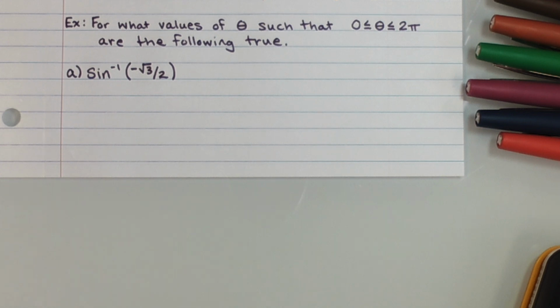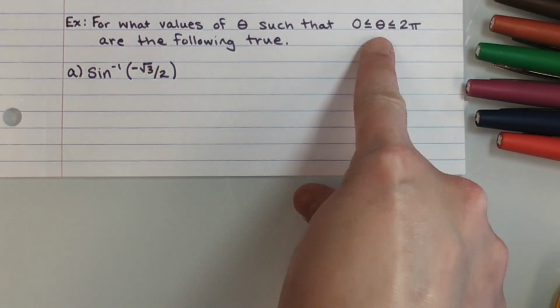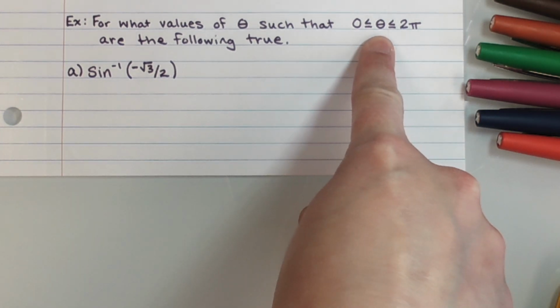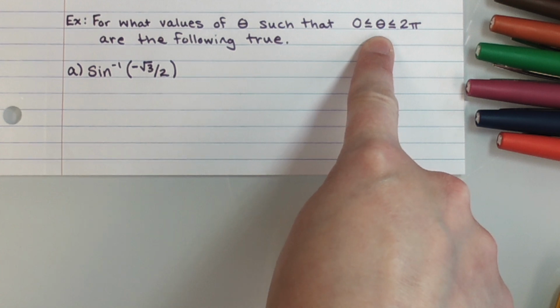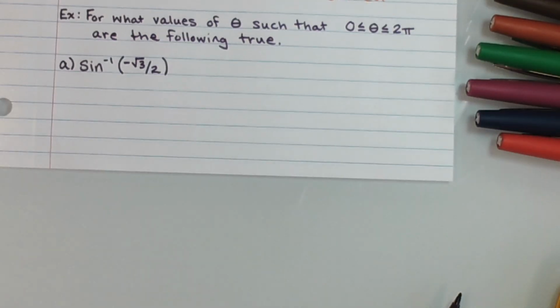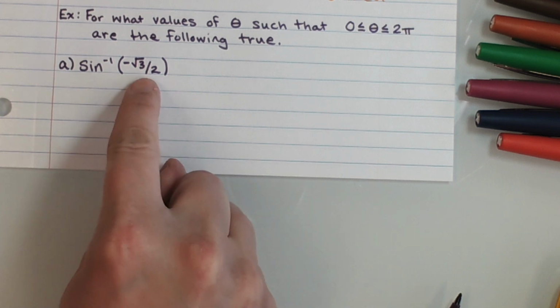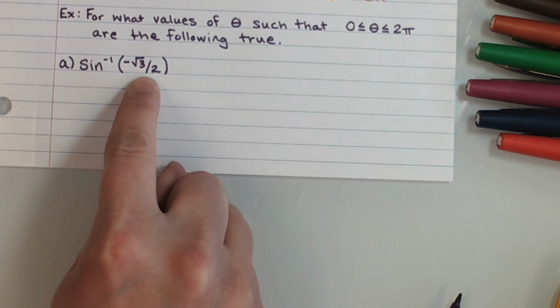To do inverse trig using the unit circle, if I do not tell you this range, you need to know the range of the inverse trig. If I do tell you this range, I'm just saying every single value on the unit circle is fair game, which means I'm finding every angle in which sine is negative square root of 3 over 2.